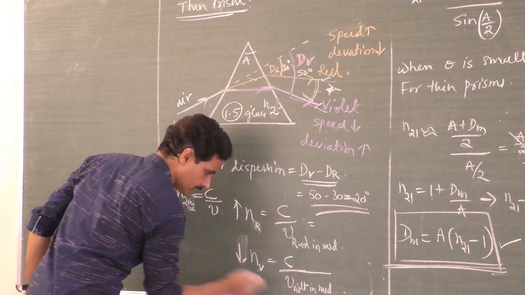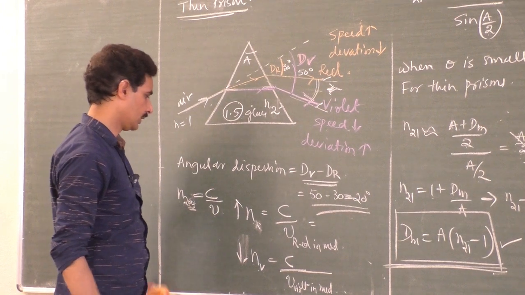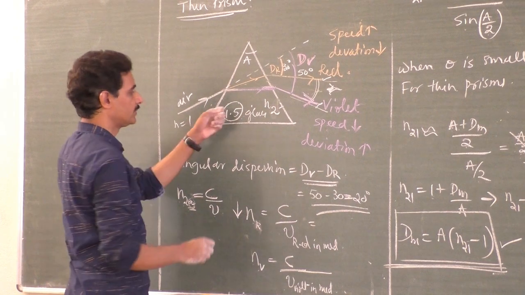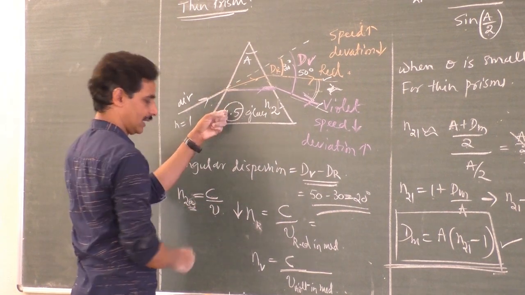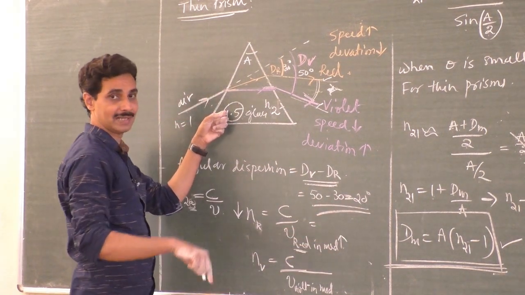It is less because the refractive index of this medium will be less if you ask red color, because red travels with most speed. Speed is most, bending is less.